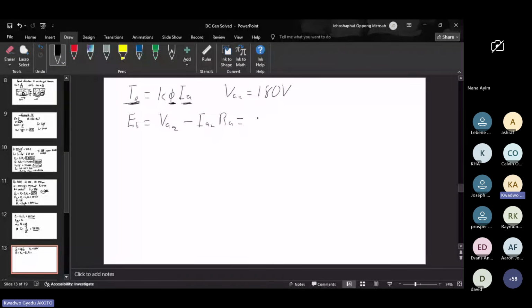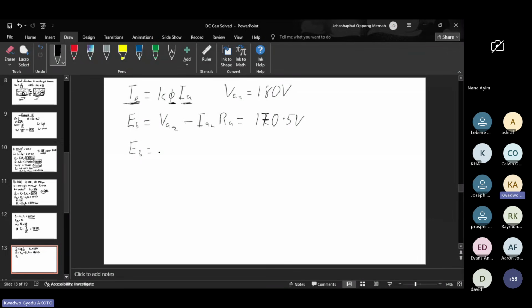So substituting everything in, we are going to have EB at this voltage to be 170.5 volts, right?